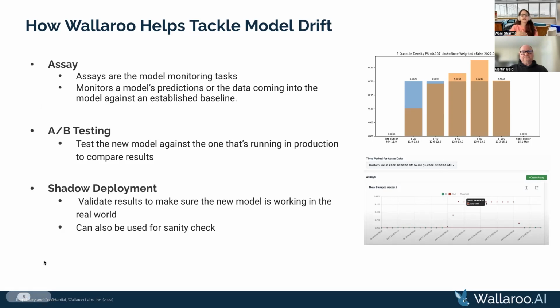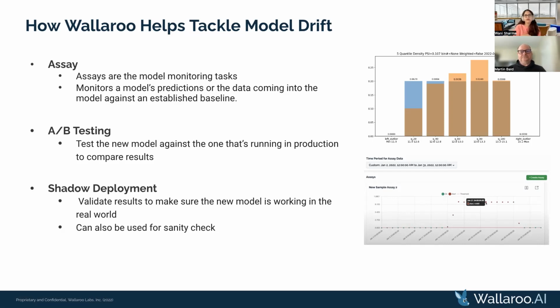It monitors a model's predictions or the data coming into the model against established baseline, and changes in this distribution of data can be an indication of model drift. This can provide you tips on whether a model needs to be retrained or the environment data needs to be analyzed for accuracy. Having this information allows you to intervene and retrain your model in an efficient and timely manner.